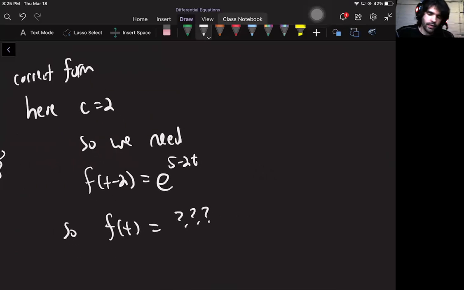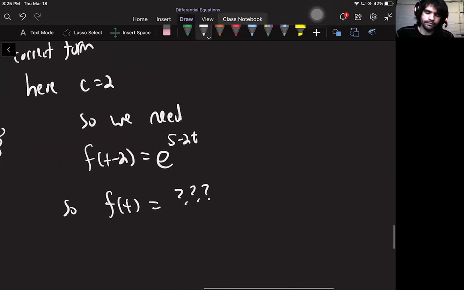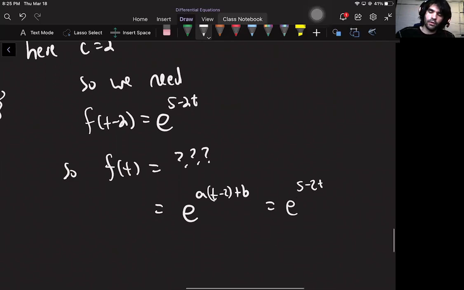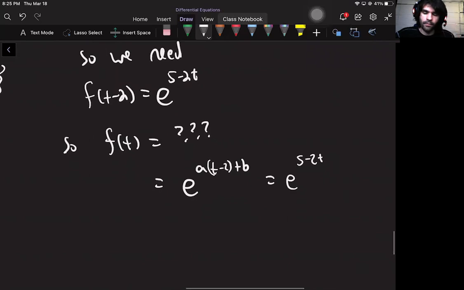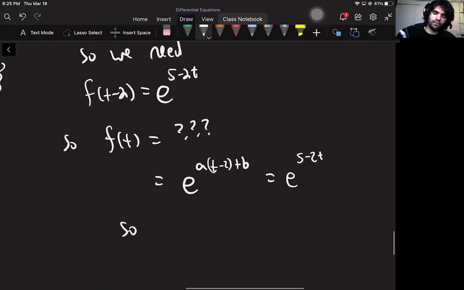So the idea is I need to know that when I plug in t minus 2, the result ends up being 5 minus 2t. So I need to know a number that I'm multiplying t minus 2 by and another number that I'm adding, and that this needs to be e to the 5 minus 2t. So I'm just going to solve for a and b here.